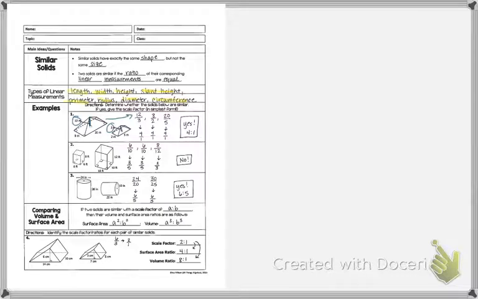Then you're going to compare the width here with the width on the other one. Remember, you do not mix them up. So it'll be 8 over 2. Then lastly, you're going to compare this length right here to the other one, 20 over 5. We have each one set up, and you might say, well, they don't look the same.